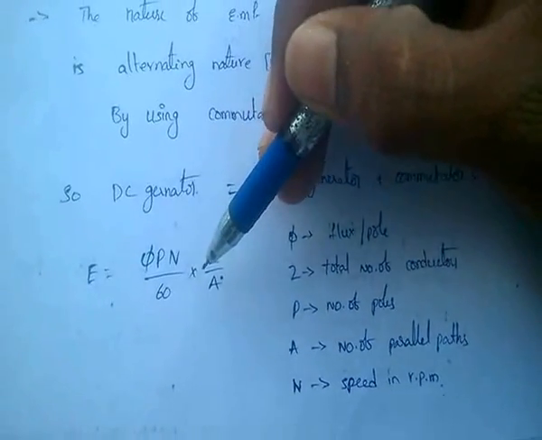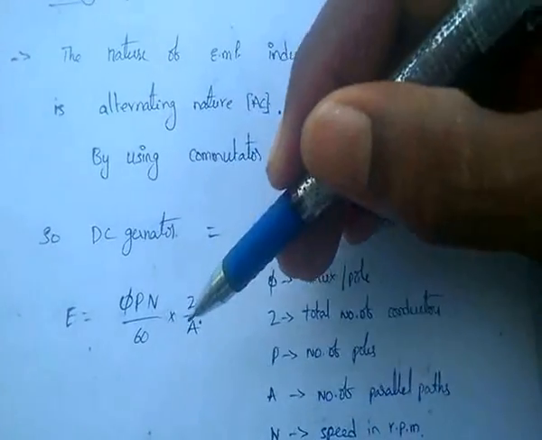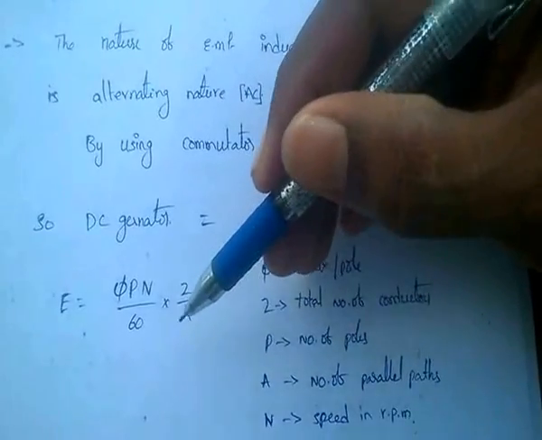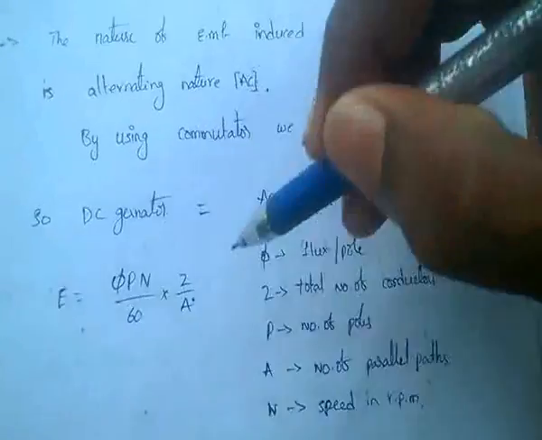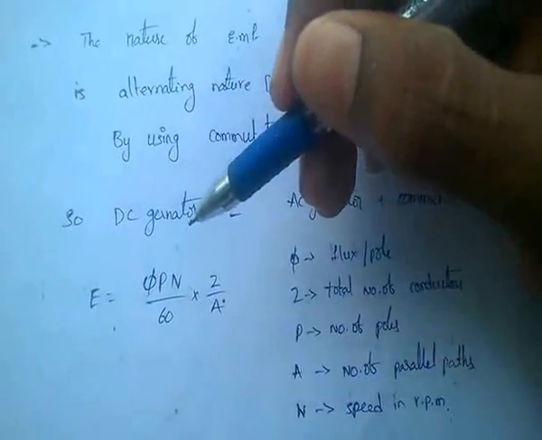Z means total number of conductors, and A means parallel paths. This is the equation of EMF.